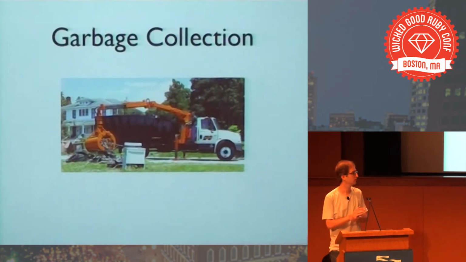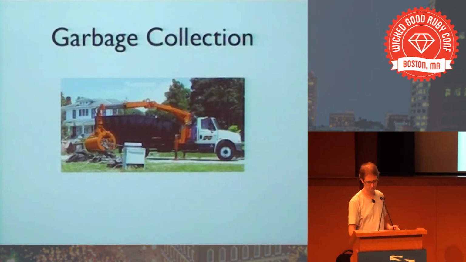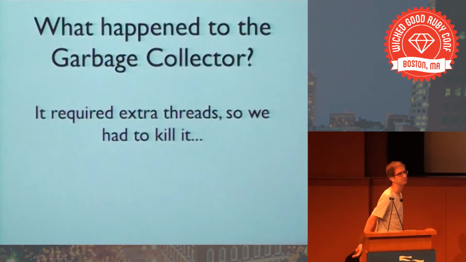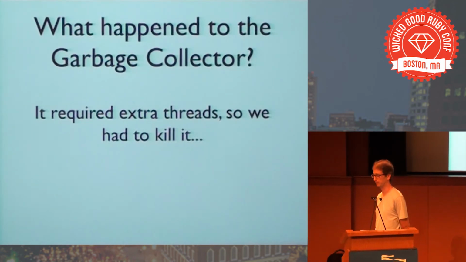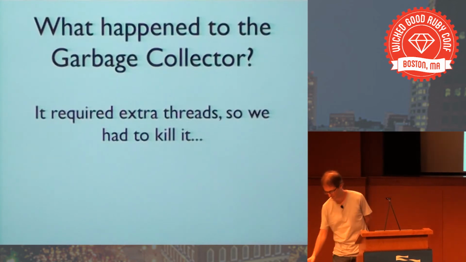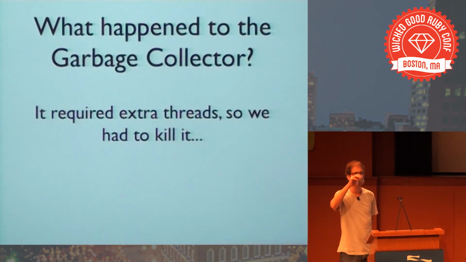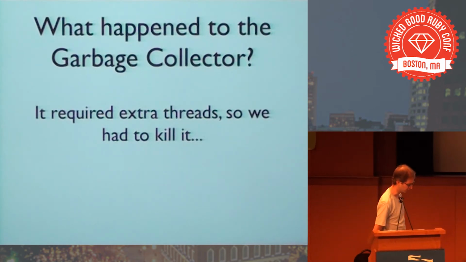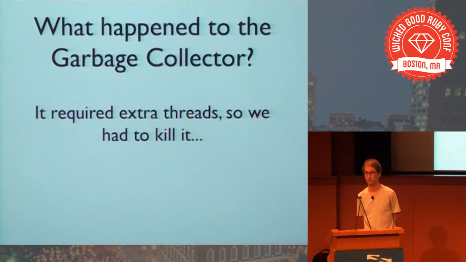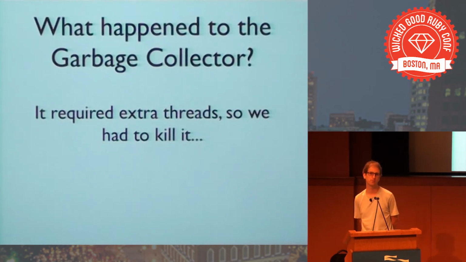OK, so moving on and talking about the garbage collector. What happened to it? I mentioned that RubyMotion uses reference counting instead of garbage collection. Why is that? Well, it turns out libauto, the way that it works, actually the way that any garbage collector works, is you really have only two options.